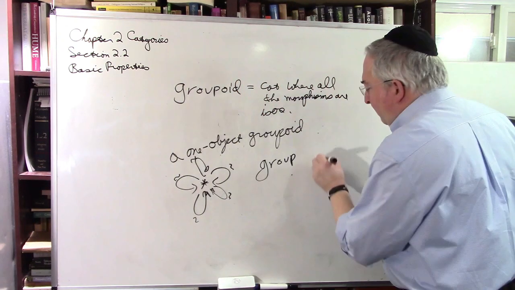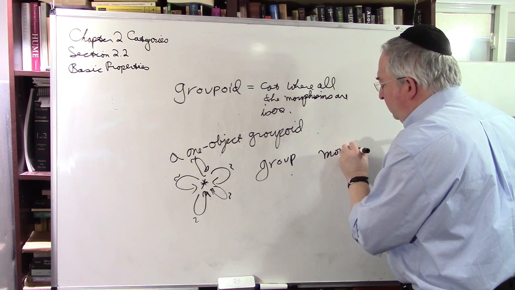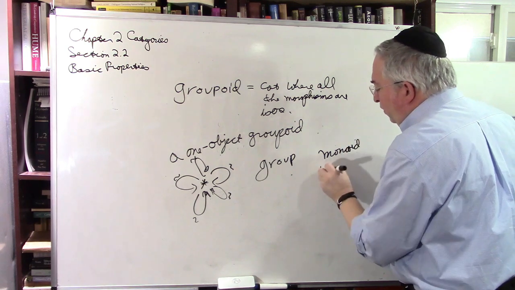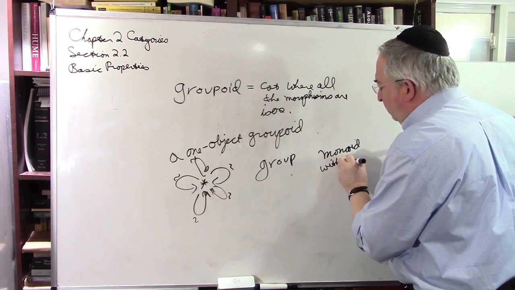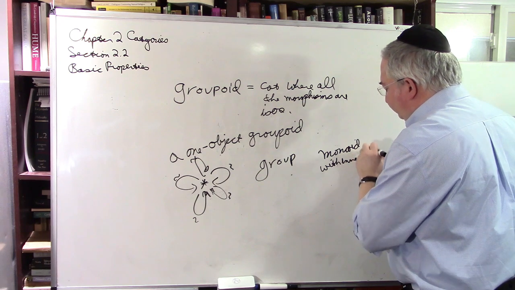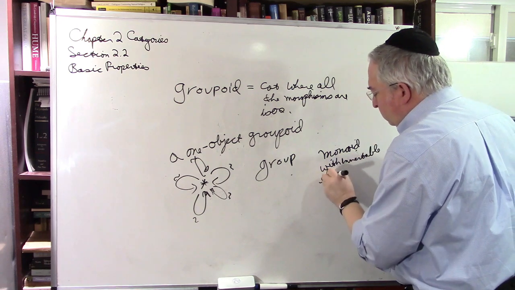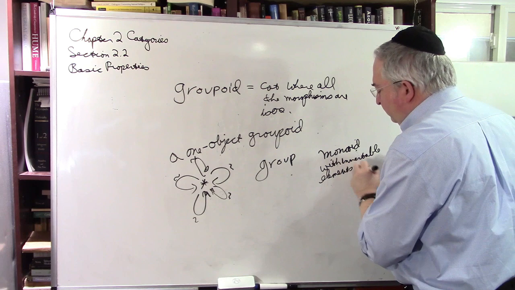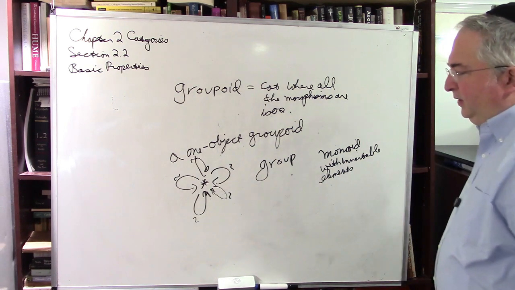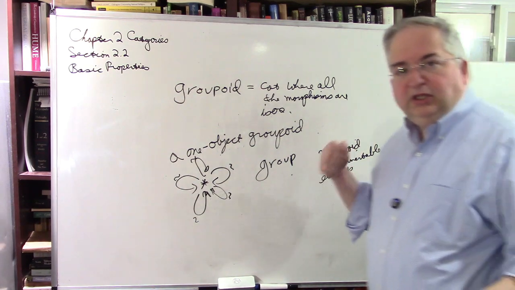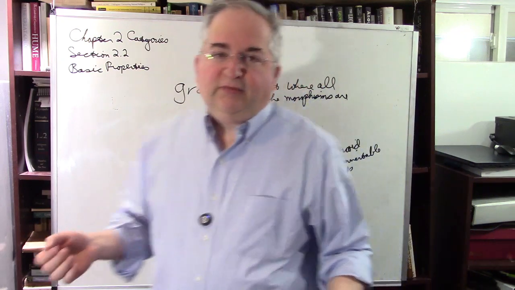Now, a special type of monoid where every morphism has an inverse is called a group. So a monoid with invertible elements is a group.